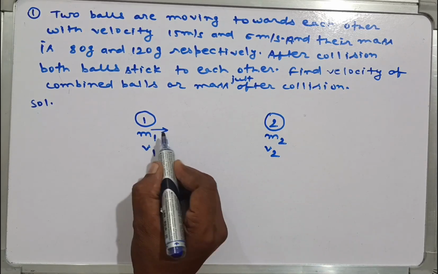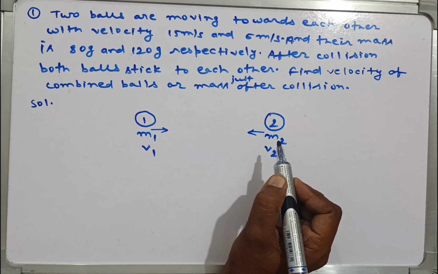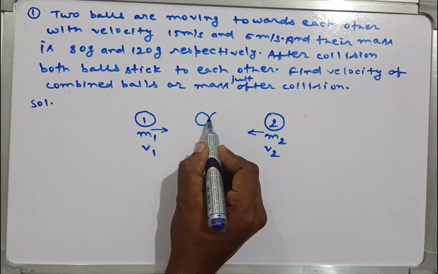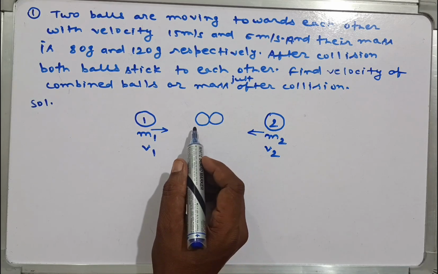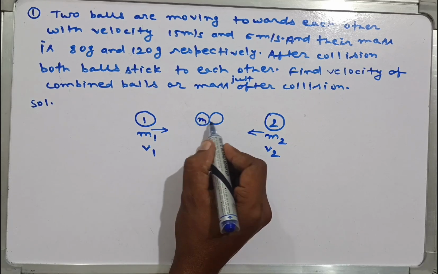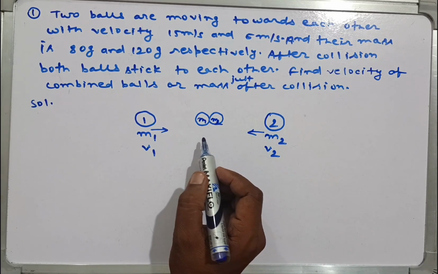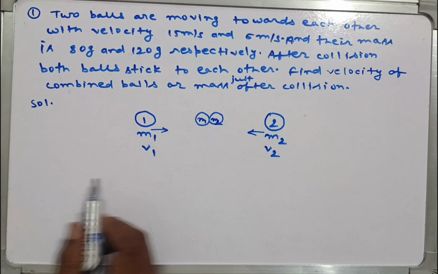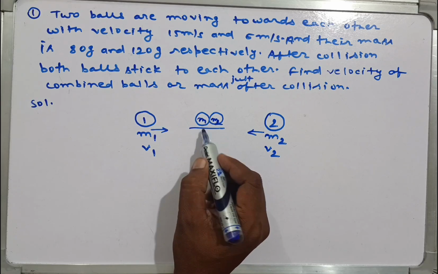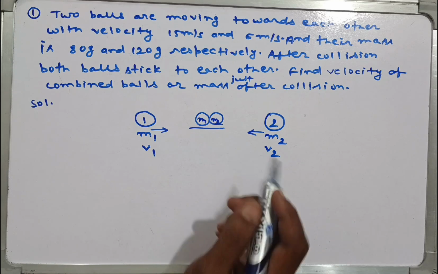Now this one is moving in this direction, and this is moving in this direction, and now they collide with each other. After collision they become one mass, so you have to find out what is the final velocity of these balls after collision.